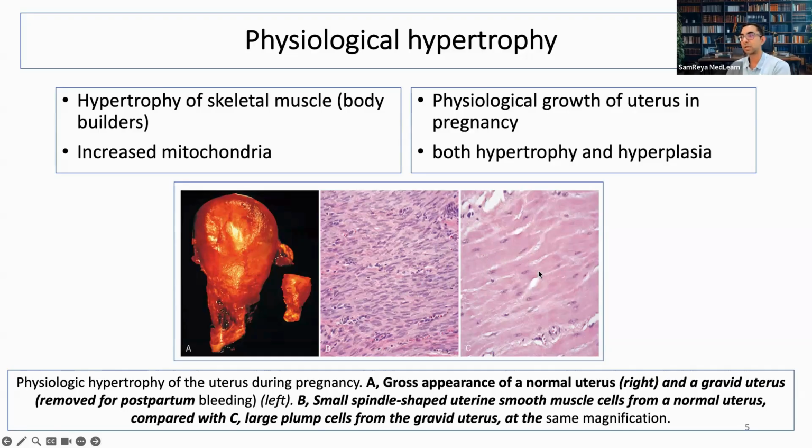These are large, plump cells from the gravid uterus, and both of these images are at the same magnification. So it's not that we have magnified more in the third one and not in the second one. So clearly you can see how much the cell size has increased here.